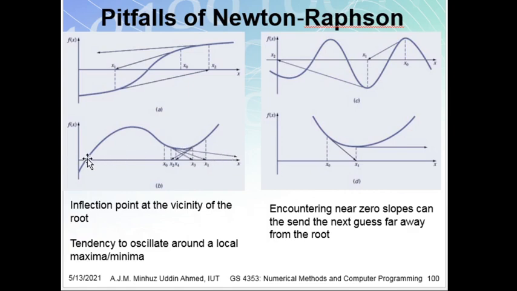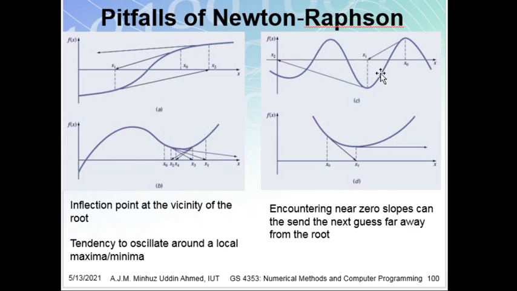Although this was the original root, you might diverge and go far away from it, and you are just making effort in the vicinity of a portion where there are no real roots. So that might create problems.